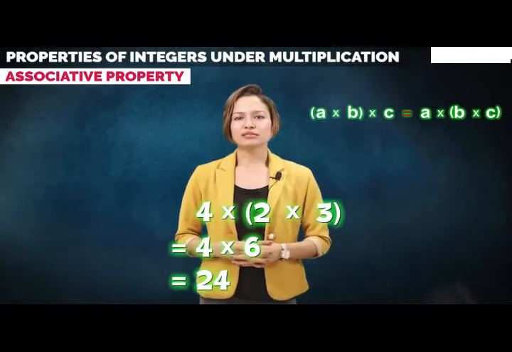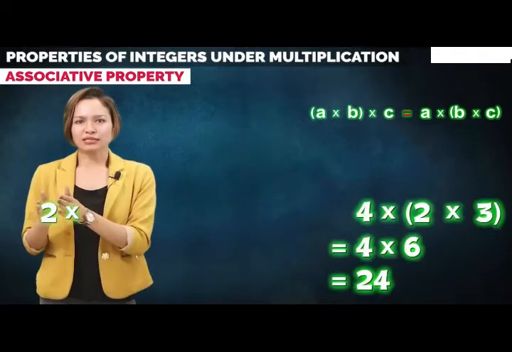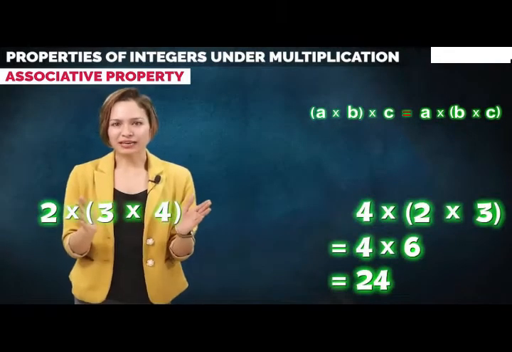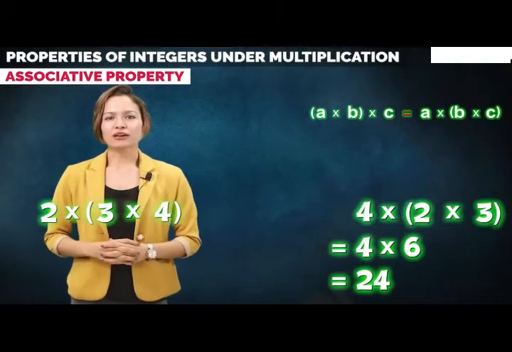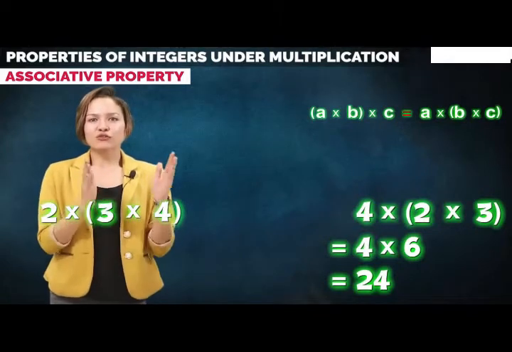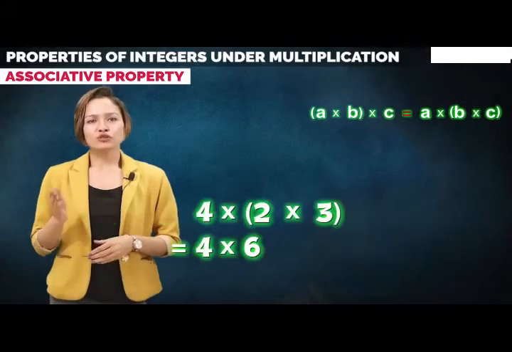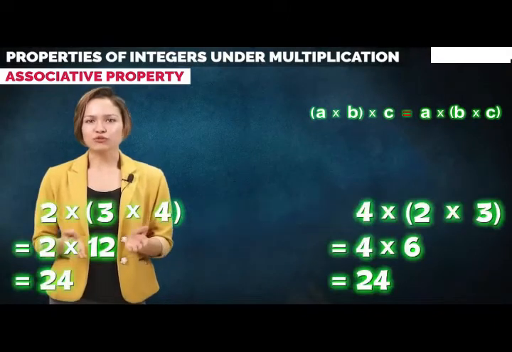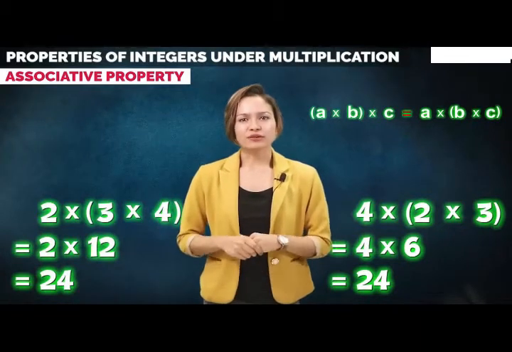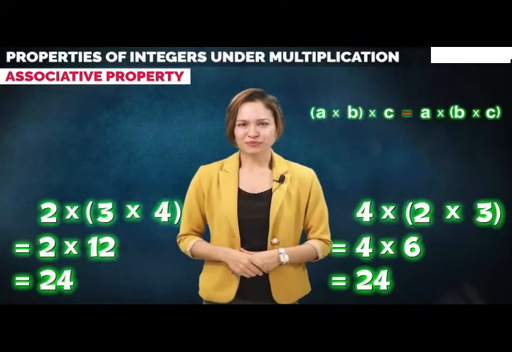Now, if we group the numbers in another way, placing 2 outside the bracket and 3 multiplied by 4 inside the bracket, then again we first calculate the product of the numbers inside the brackets. So, 3 multiplied by 4 is equal to 12 and 2 multiplied by 12 is equal to 24. Thus, you can observe that in both cases, we are getting 24 as the answer.